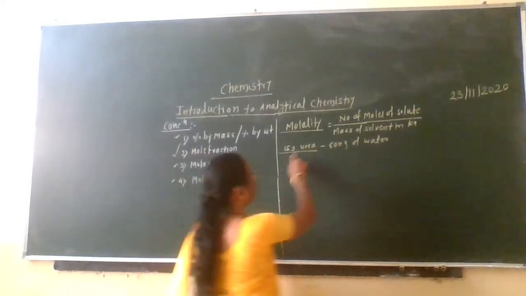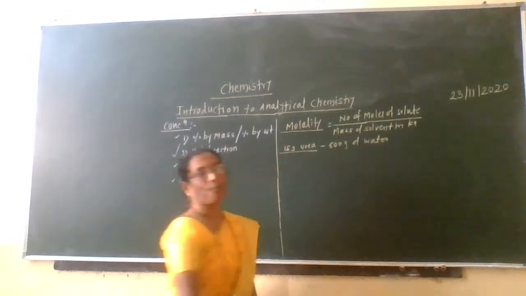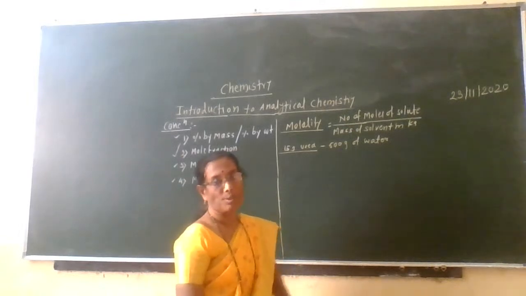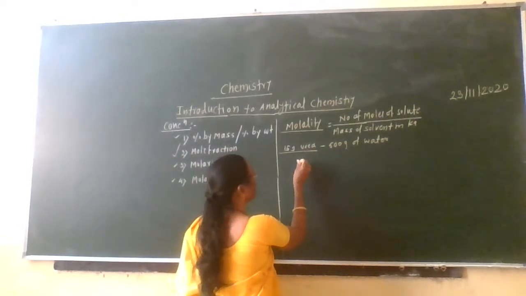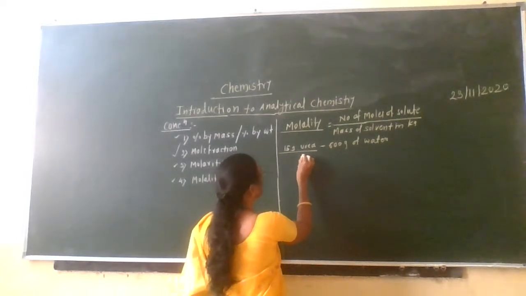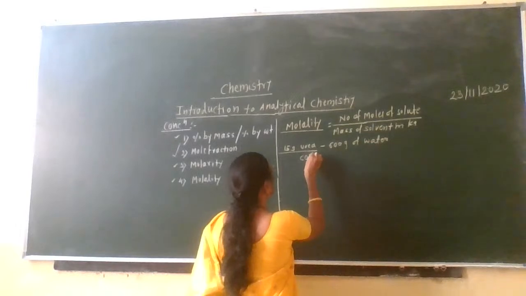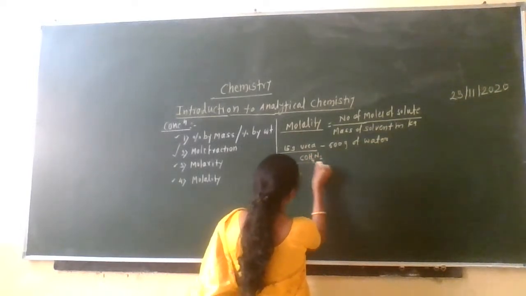First of all, for the number of moles of the solute, we have to calculate the molar mass of urea, and the formula for urea is CON2H4.